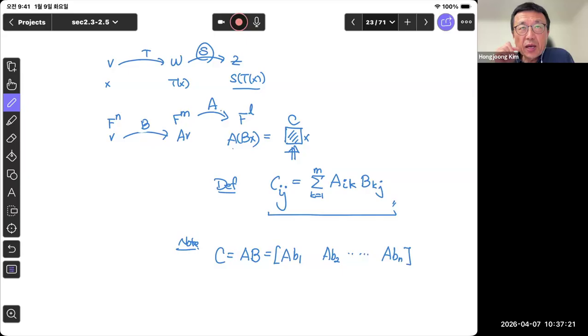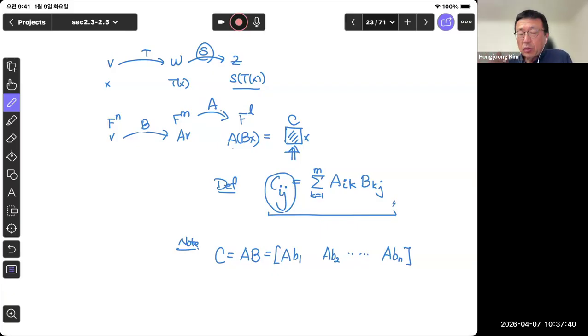So if B has n columns, then this product can be obtained column by column, whereas the definition computes each entry in a certain row and column.